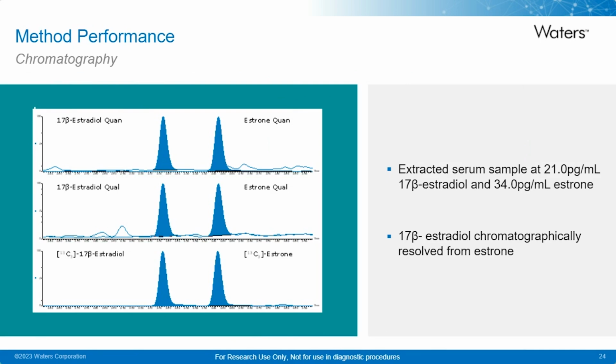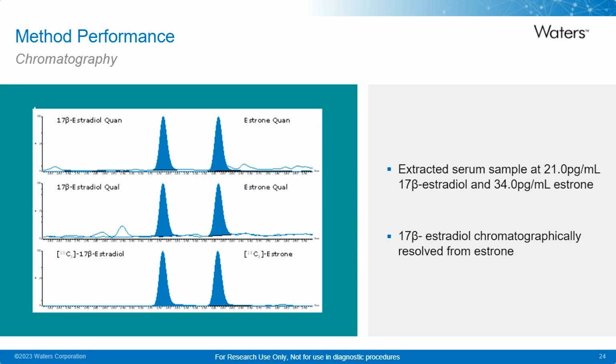So chromatographic separation, as I've said, was performed using the Cortex phenol column, and the example chromatogram shown here is of an EQA sample, which we calculated at 21 picograms per mil for estradiol and 34 picograms per mil for estrone.